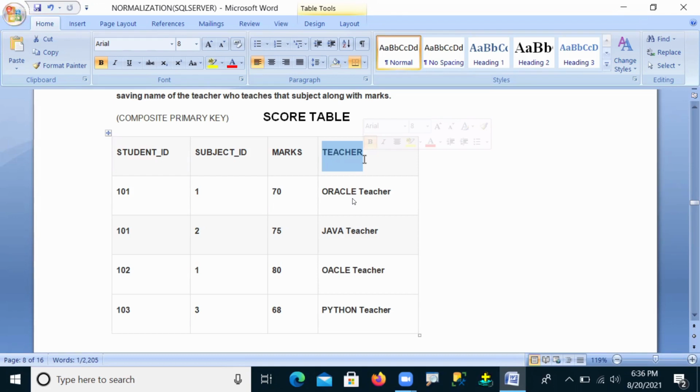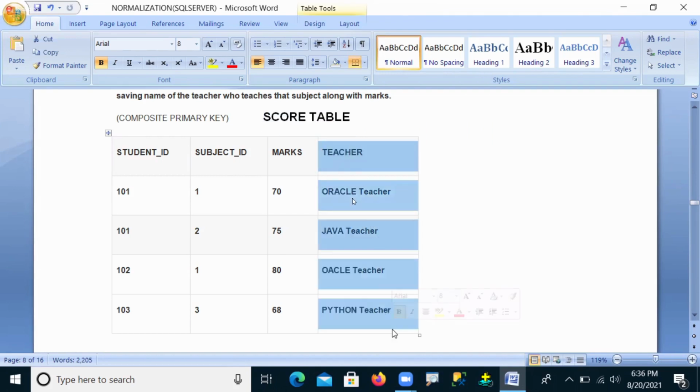So what do you understand here? Now my score table has a partial dependency column, so this table does not satisfy my second normal form. It is not supported. Then what do we want to do?